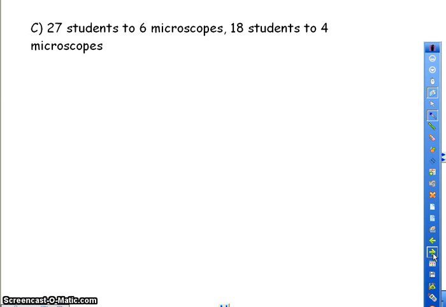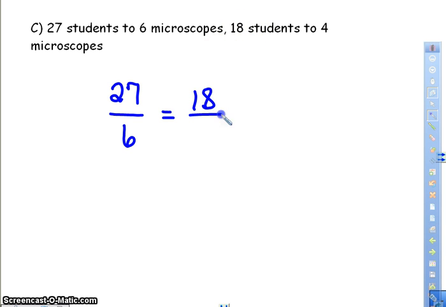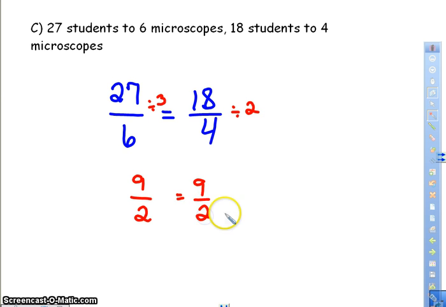All right, 27 students to 6 microscopes. So I want to know if 27 over 6 equals the same thing as 18 students to 4 microscopes. So once again, I'm going to simplify. Divide this by 3, and I get 9 over 2. Divide this by 2, and I also get 9 over 2. So are they equivalent?